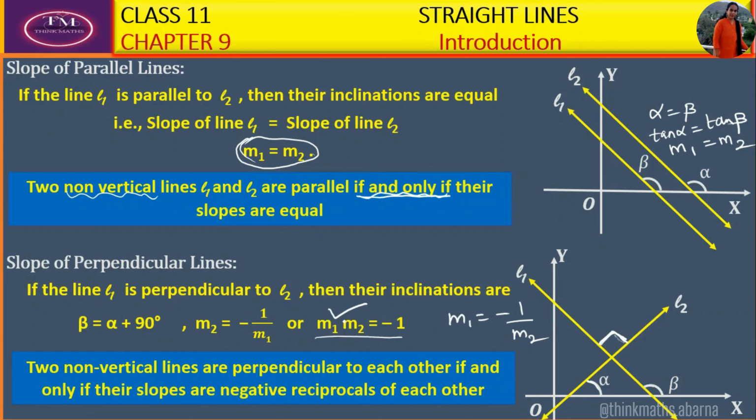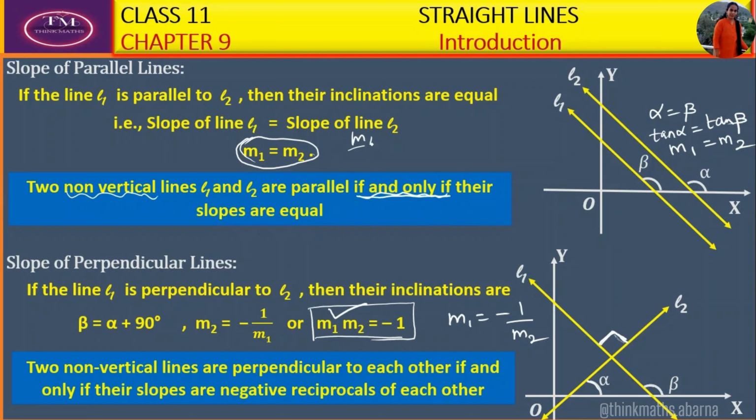If this condition is satisfied, we can say those two lines are perpendicular, or if these two lines are perpendicular, we get m1 m2 equal to minus 1. So both the statements are true. That is, the converse is also true. Okay. So if it is parallel, slope should be equal.